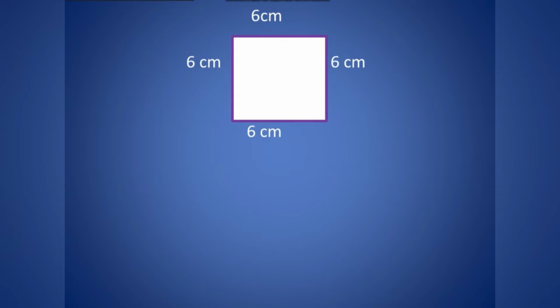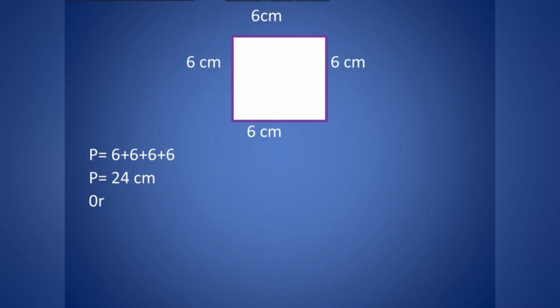You will now add all of them to find the perimeter. So therefore, P is equal to 6 plus 6 plus 6 plus 6. So 6 plus 6 plus 6 plus 6 is equal to 24 centimeter. Or you can use the equation.